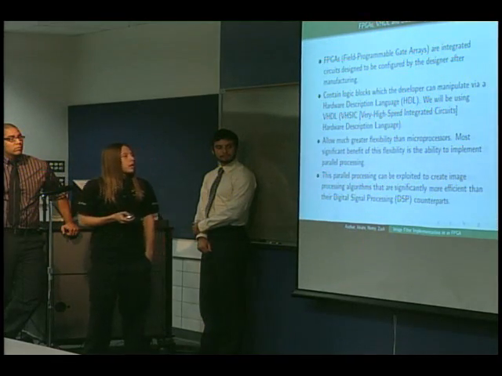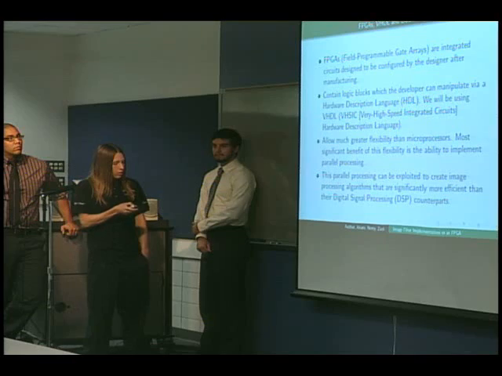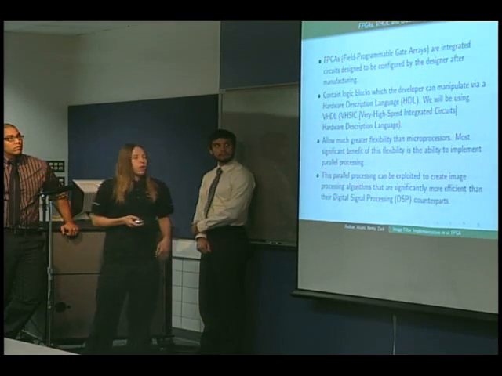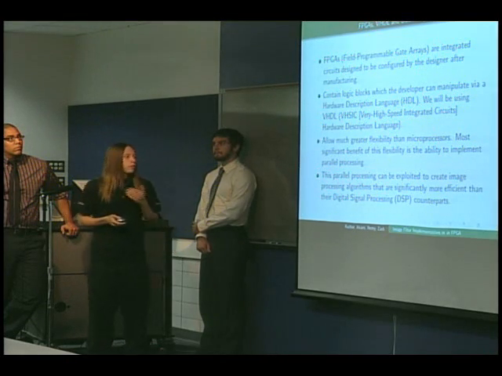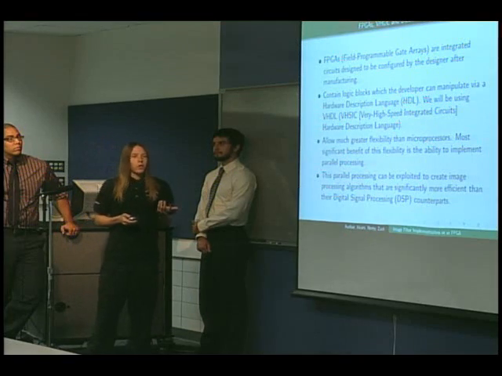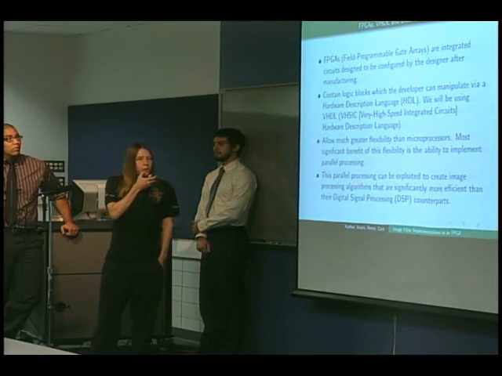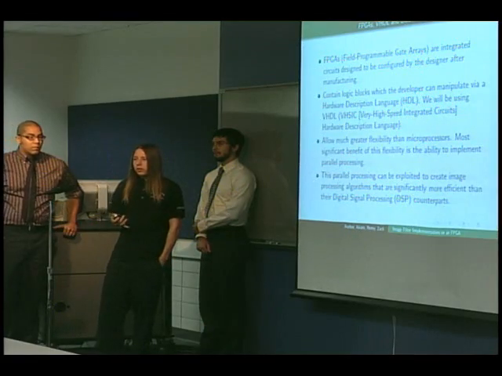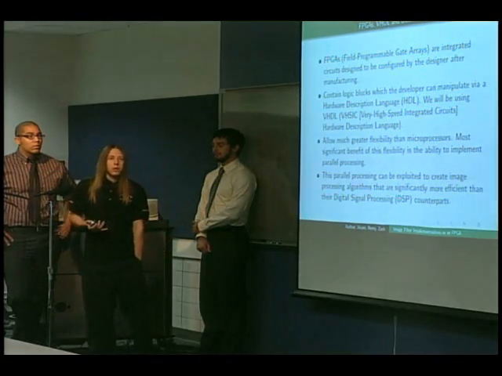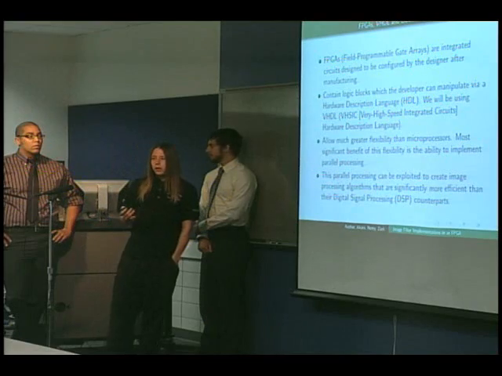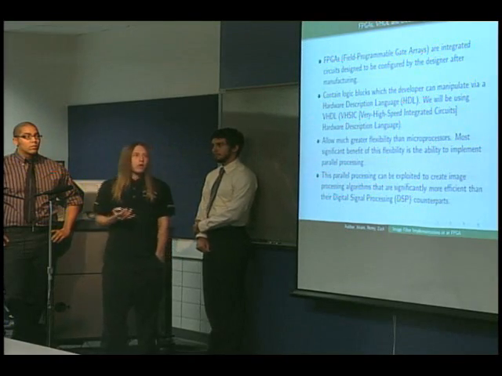It's a lot more flexible and a lot more efficient. So that's why we're using it over DSP boards or anything like that. And apart from that, they're also significantly cheaper than DSP, which also makes it better for most applications involving image processing.